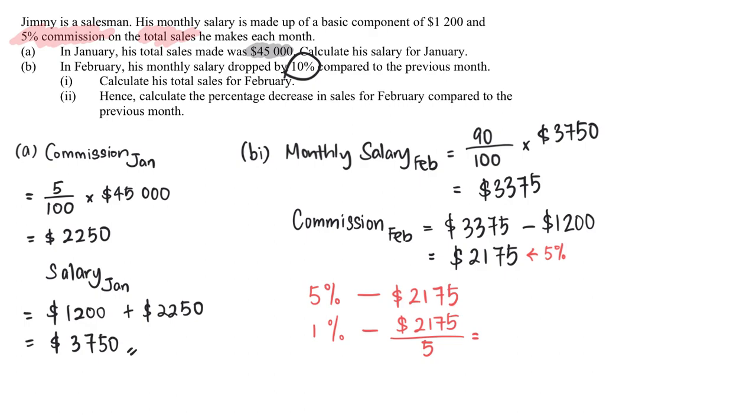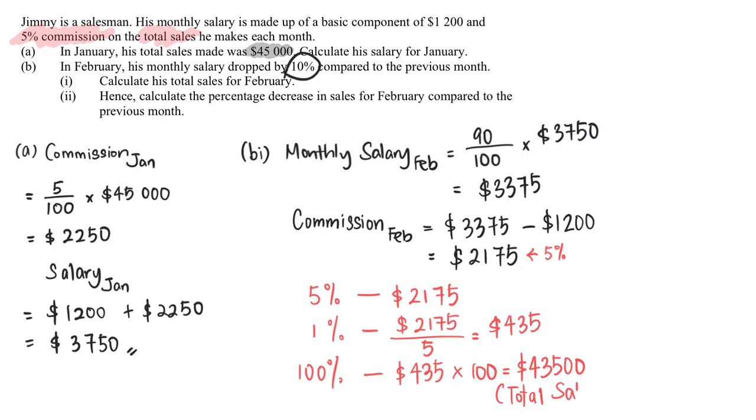This will give me a value of $435, and therefore 100% would be this, and this will be my total sales for February.